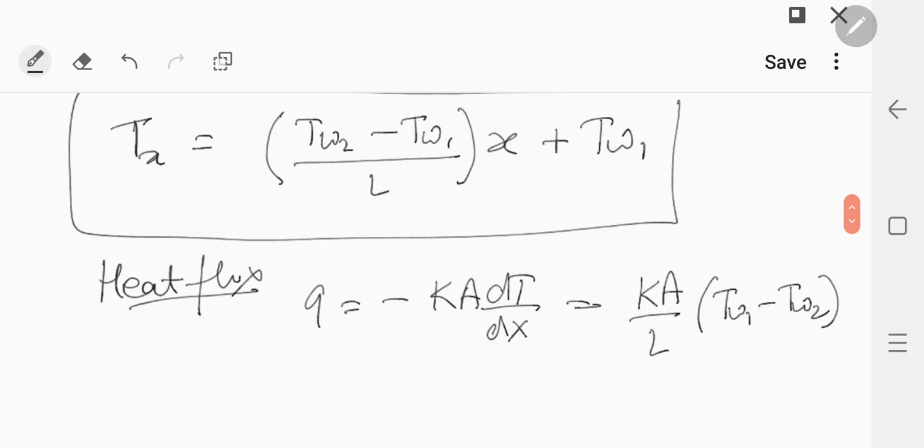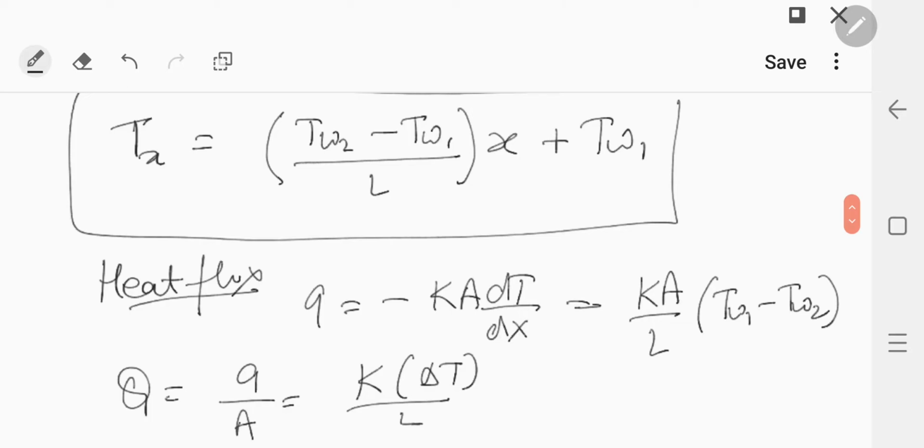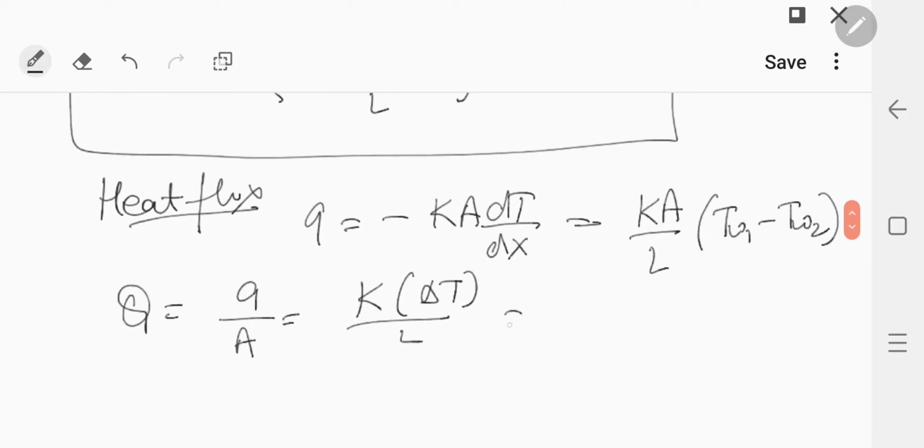That's the rate of heat transfer. The heat flux is q by A, which is k into delta T by L, or I can write it as k delta T by delta x. Clear?